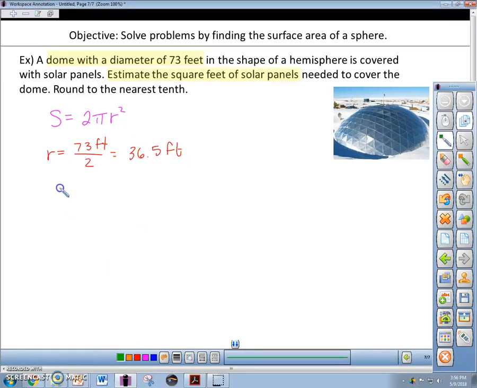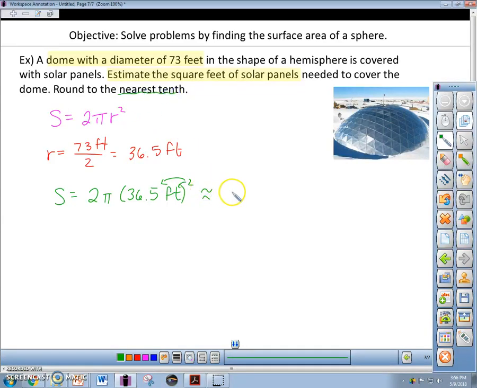And so our surface area, which is covered with the solar panels, would be 2 times pi times 36.5 feet, quantity squared. So then in our calculator, we'd do 2 times pi times the 36.5 squared. Here we are rounding to the nearest tenth of a square foot.